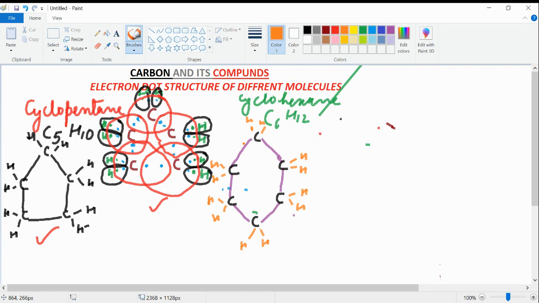So this is the structural formula of cyclohexane, and the molecular formula is C6H12. Now I will draw the electron dot structure like cyclopentane. You only have to complete this lower portion, writing C here and the same like this. This is the portion you also draw here, and this will complete the cyclohexane electron dot structure.